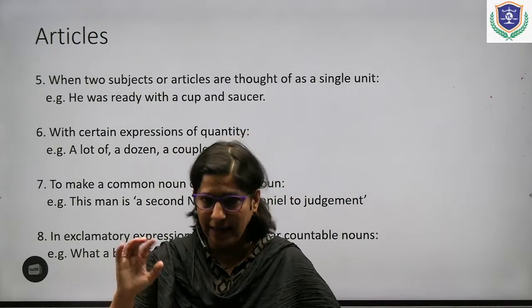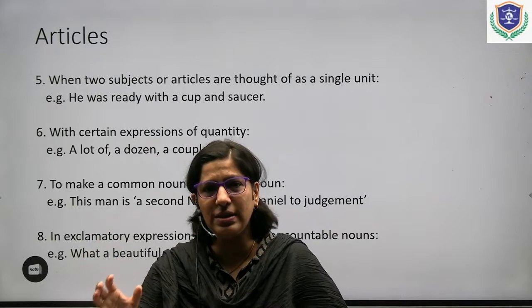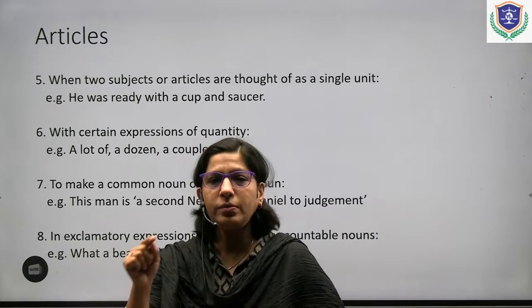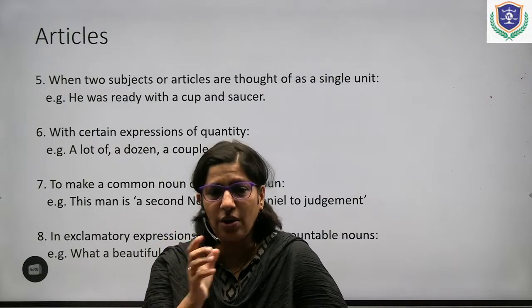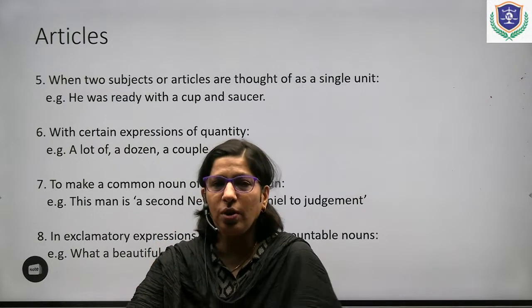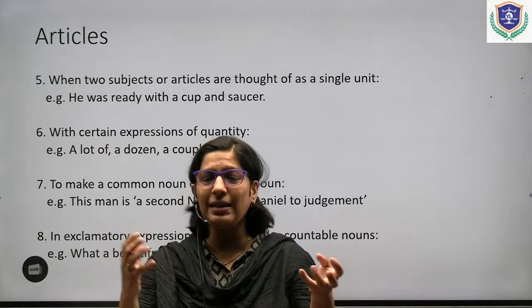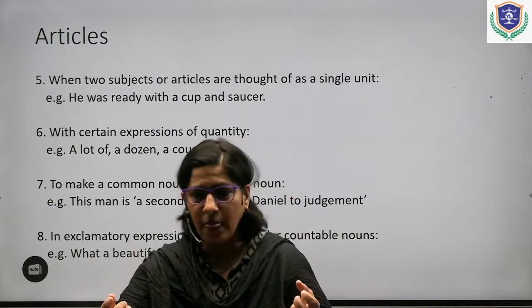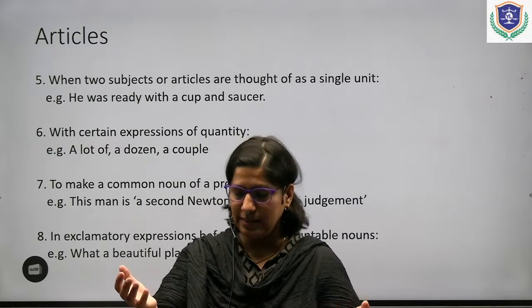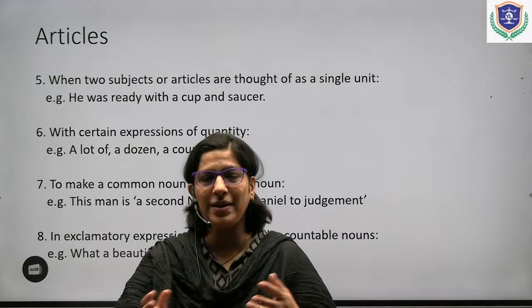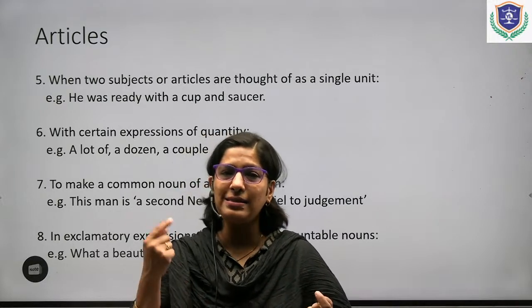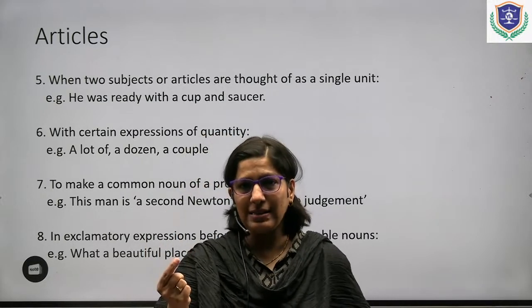Relating this to concord also, there are certain items which are together, like the horse and carriage. We say the horse and carriage, because along with the horse the carriage comes. So just like cup and saucer, it is considered as a single entity, horse and carriage.